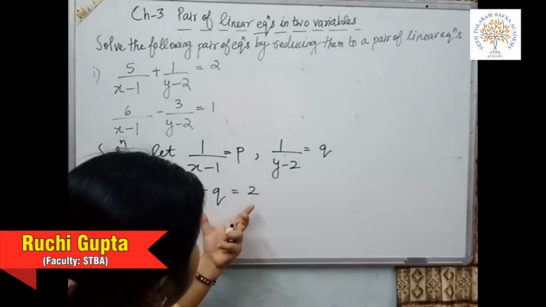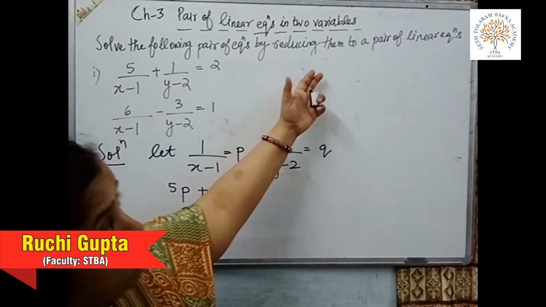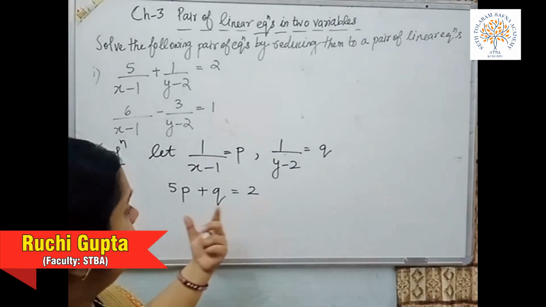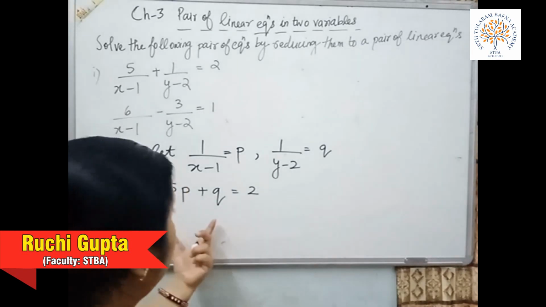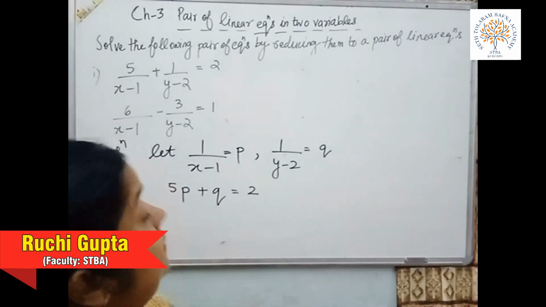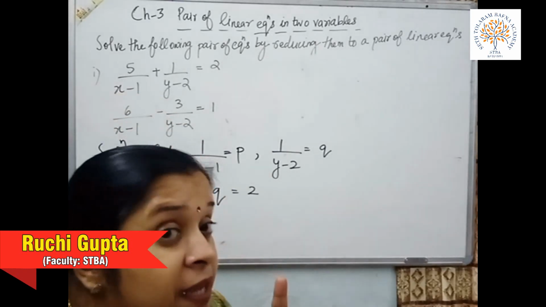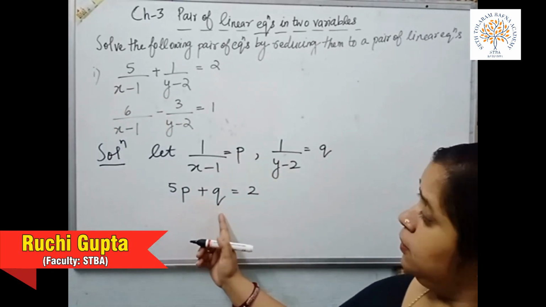So students, can you see? Now our equation has changed into the form ax plus by is c. It doesn't matter that our coefficients are p and q. But the important thing is that the variables should not be in the denominator. They must be in the numerator.